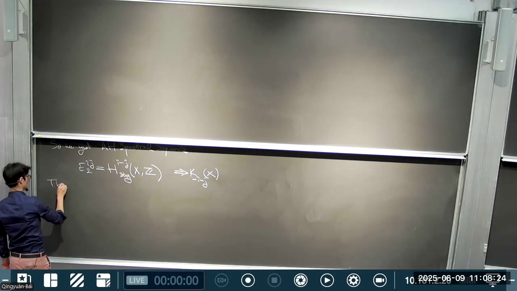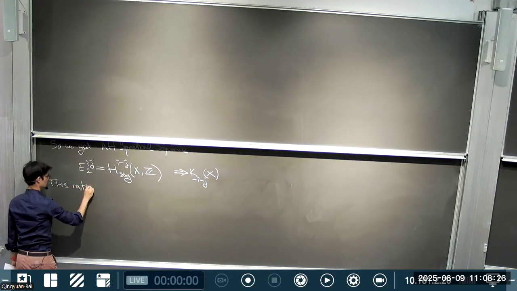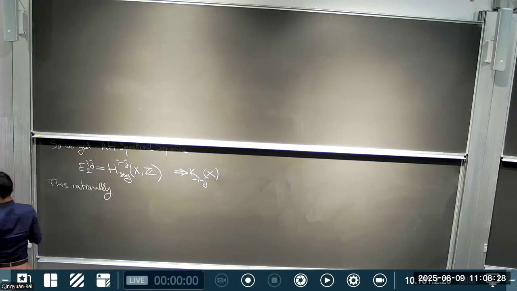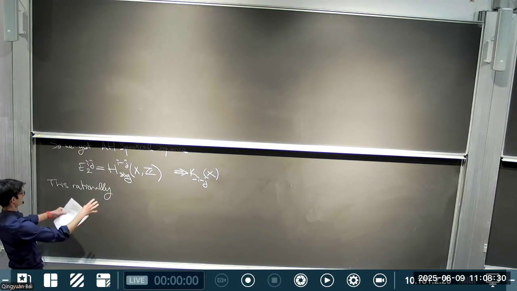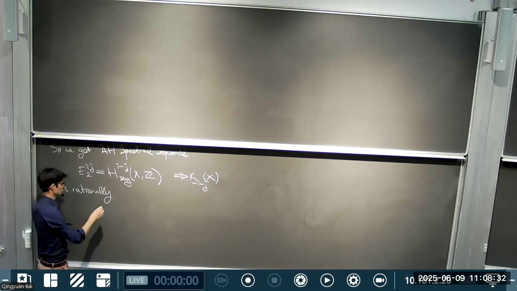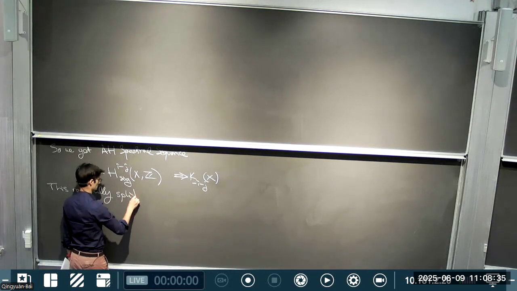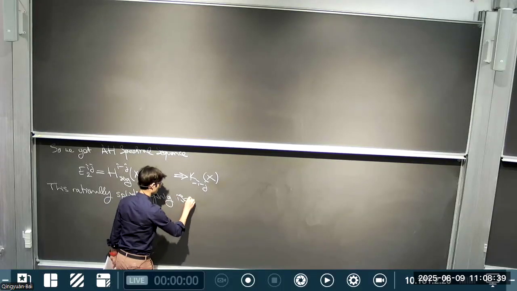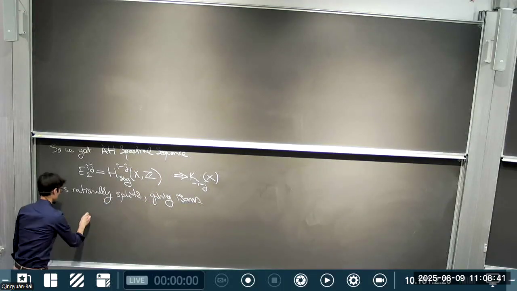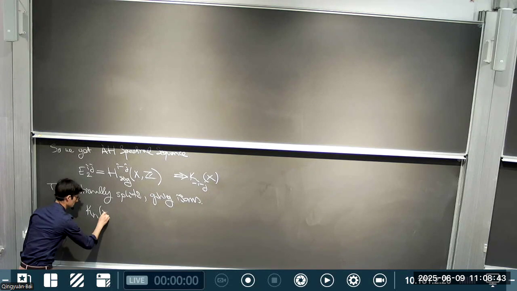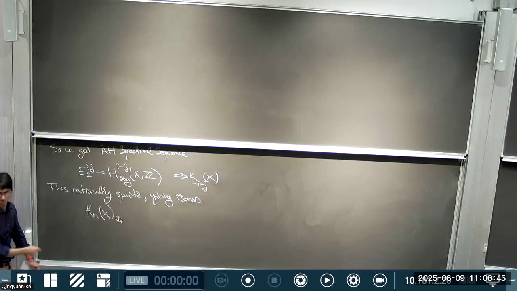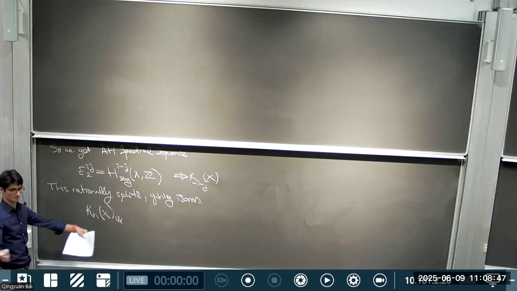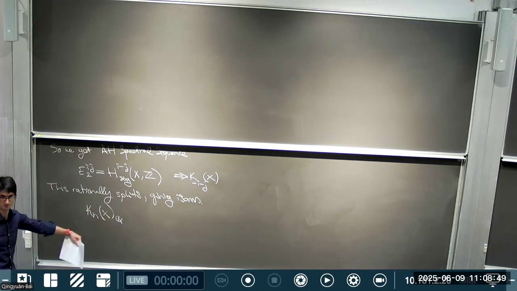Furthermore, everything, that is to say the filtration and therefore the resulting spectral sequence, rationally splits, simplifying the description, giving us just a decomposition of the rational topological K groups of our space as sums of various cohomology groups.